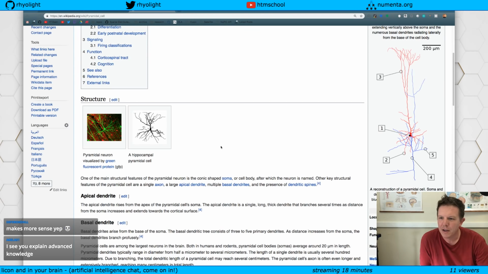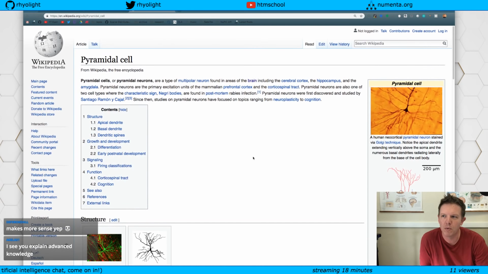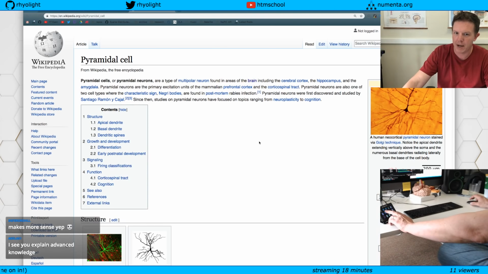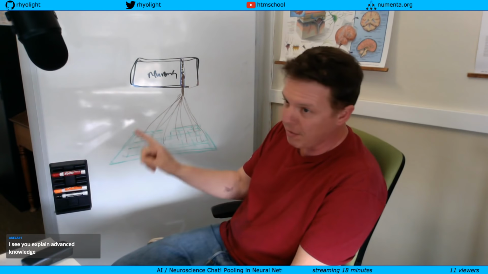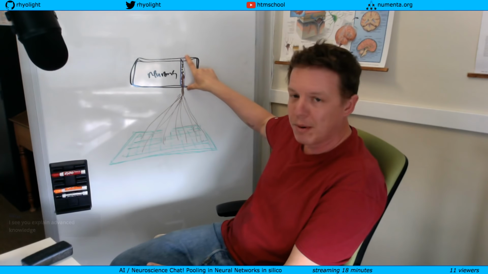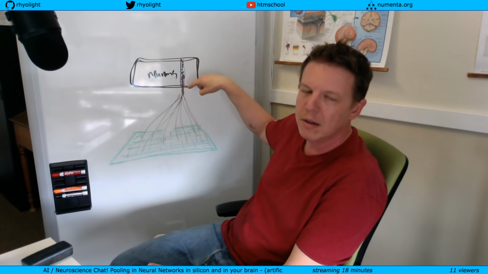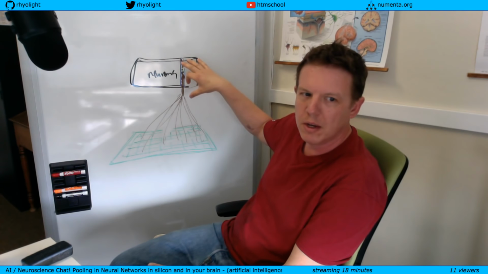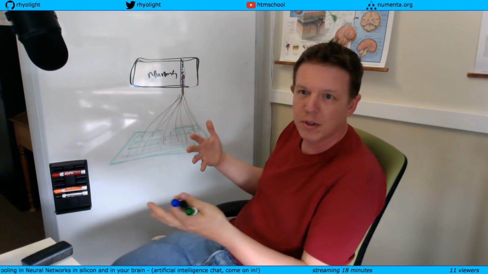Okay, I see you said I explained advanced knowledge. I don't know where I'm going to try and meet you guys wherever you're at, so I'm happy to step back and explain some things. But I'm talking about our model of pyramidal neurons. I'm also talking about mini-columns, and we believe these mini-column structures are most likely enforced by inhibitory neurons that activate in the same layers as the pyramidal neurons. There's a lot more than just pyramidal neurons going on in your brain.